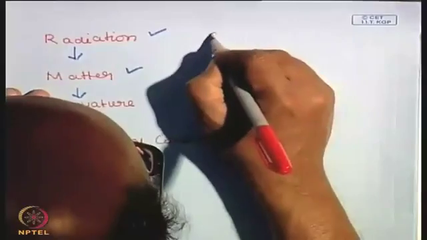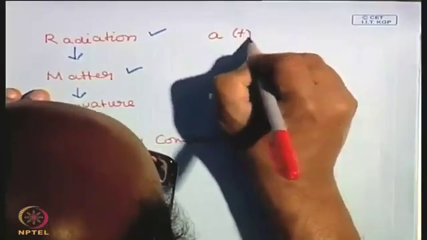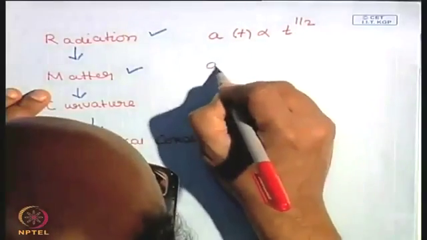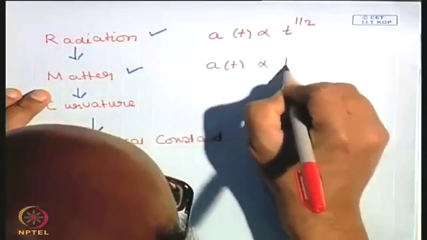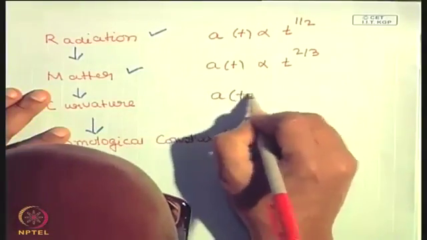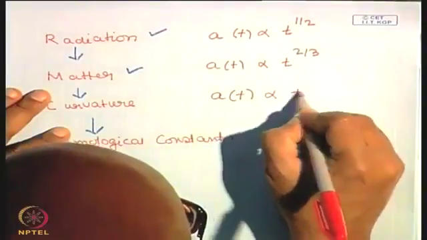So we have already worked out what the expansion factor is for several of these models. a(t) is proportional to t to the power half, a(t) proportional to t to the power 2/3, a(t) proportional to t.